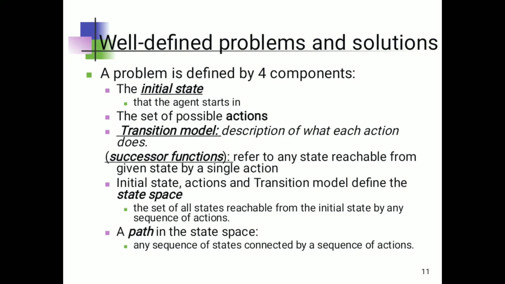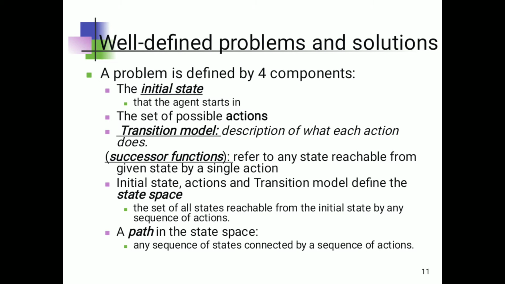The set of all states reachable from the initial state by any sequence of actions is represented as a state space. So if I am present at the initial state, then by taking n number of sequence of actions, if I am able to reach the states B, C and D, then A, B, C, D becomes my state space.